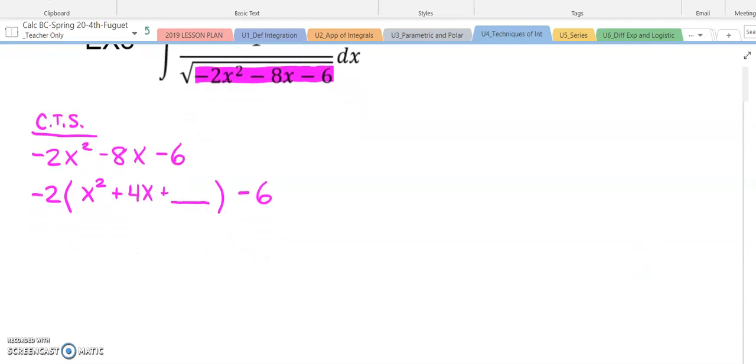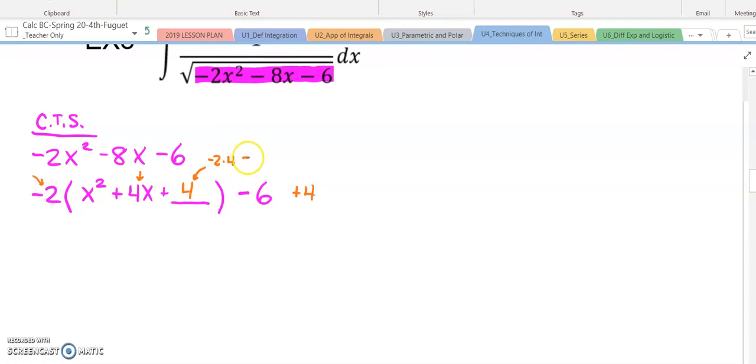So what we're going to do now is we need to determine what the new c value is going to be. It's half of 4, which is 2, and 2 squared is going to be 4. Now, prior to doing this, we need to be very, very careful with this. In order to do this problem properly, I cannot add a 4 here. Why? Because this really isn't a 4. This is actually negative 2 times 4 because this negative 2 that's on the outside would have had to been distributed to it.